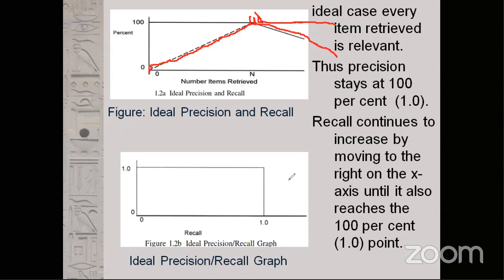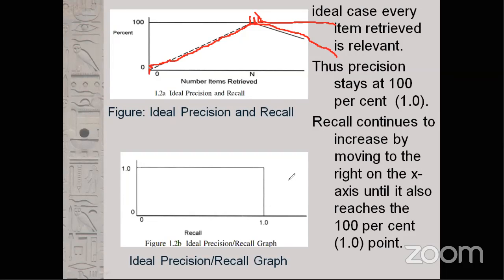Similarly with precision: once it reaches 100%, the IRS is retrieving only relevant documents for the user's query. But there is a possibility that precision falls once it reaches 100%.